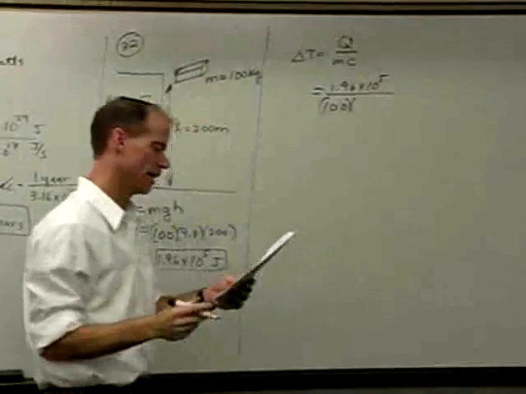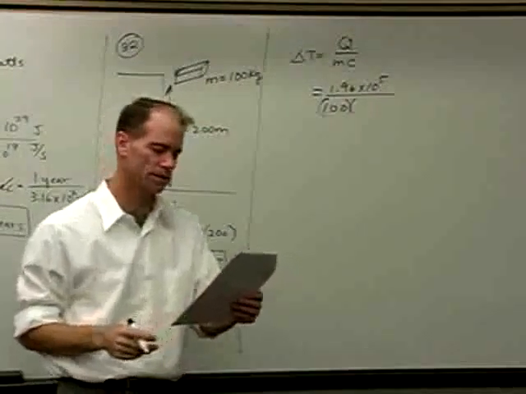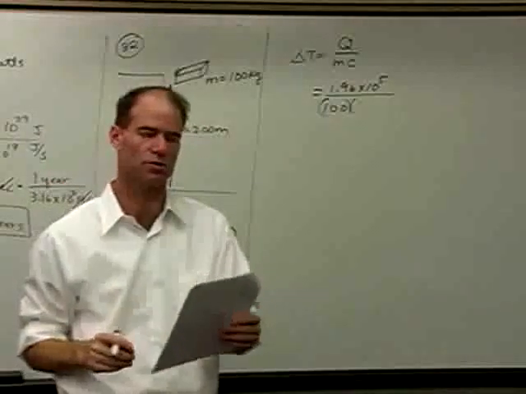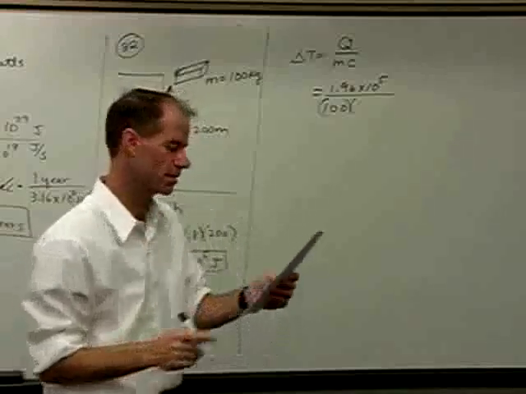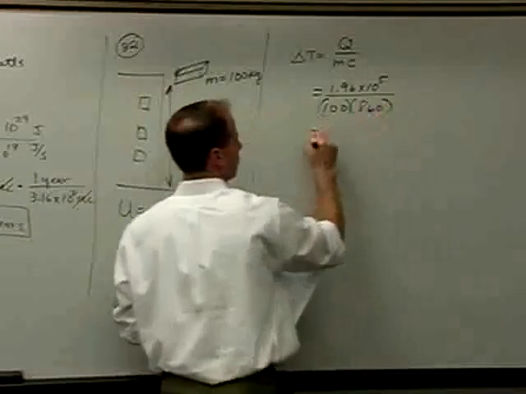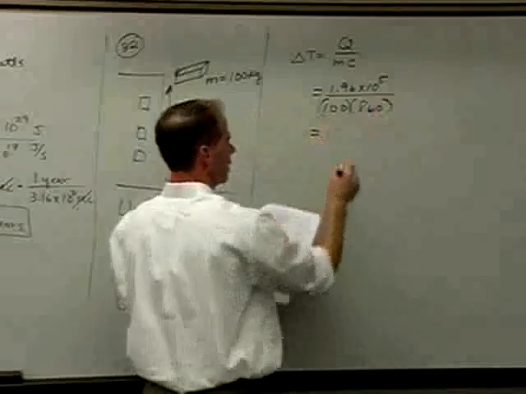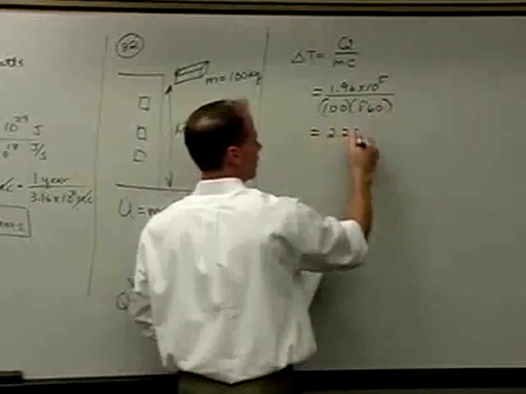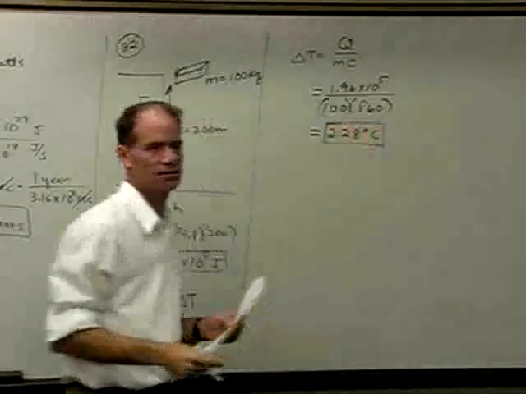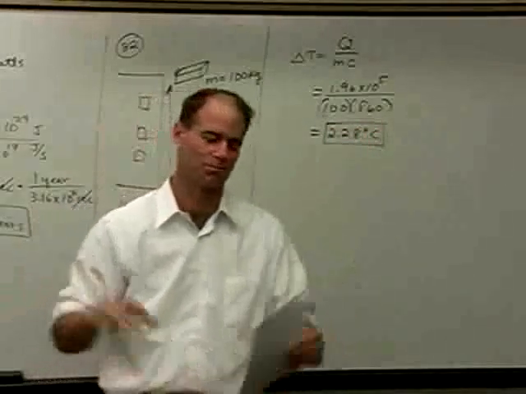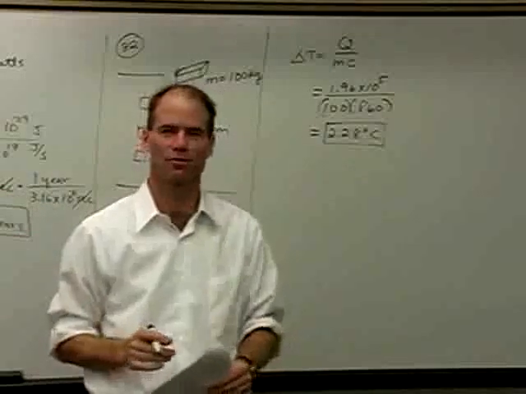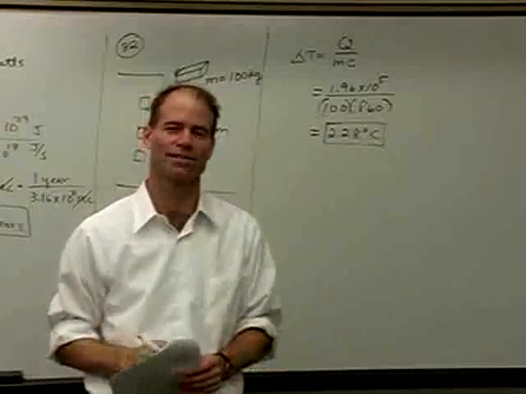And the specific heat of marble was given in the problem. I didn't state it when I read it. The specific heat of marble is 860 joules per kilogram per degree Celsius. So that's 860 right there. And that gives me 2.28 degrees Celsius. So when this marble hits, ignoring all other losses, it will gain in temperature by 2.28 degrees Celsius.